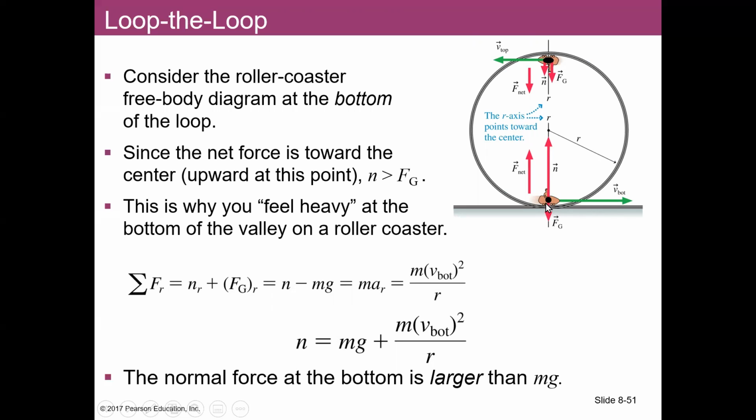You want to keep going straight. And so the seat in the roller coaster has to say, no, I'm going to push you upward to keep you moving in that circle. And so in looking at these equations, the net force has to equal plus normal force minus mg equals plus ma, or plus velocity at the bottom squared divided by r.